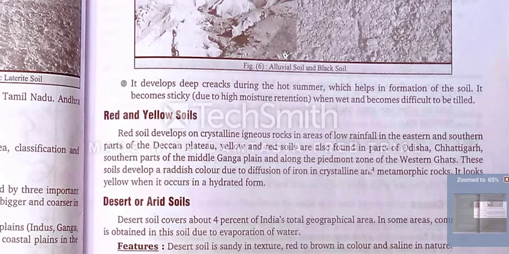So more soil can be formed and it is very helpful for soil formation due to its cracks. It becomes sticky due to high moisture retention when wet and becomes difficult to be tilled.